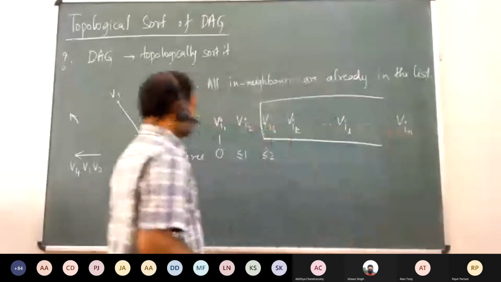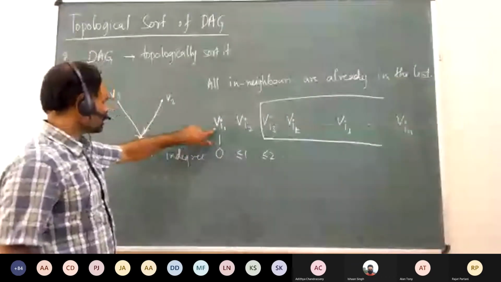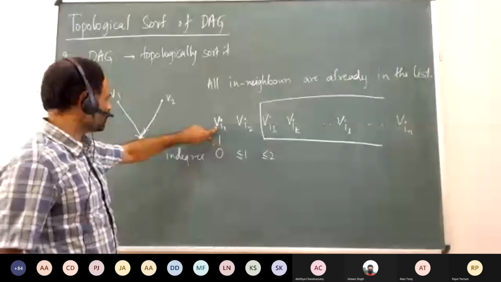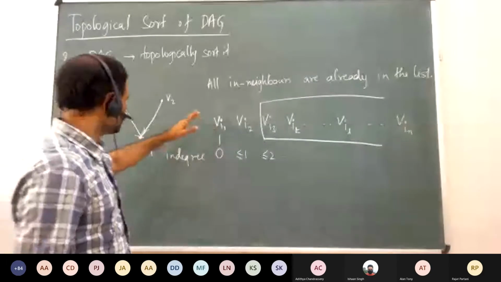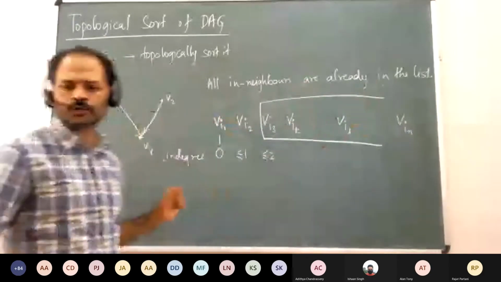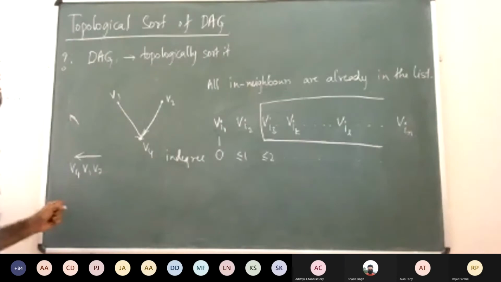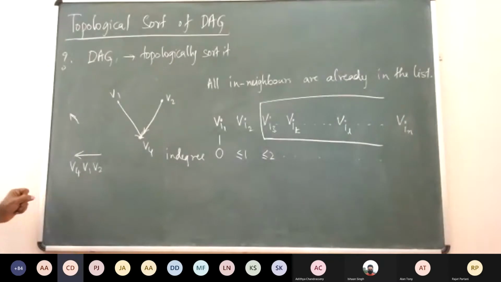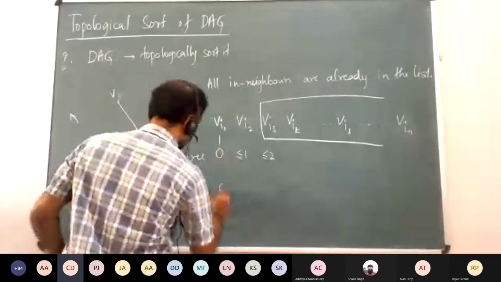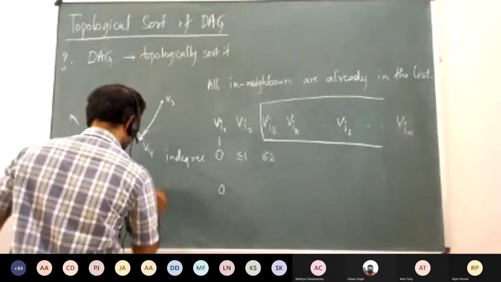What is the in degree of the first vertex in the graph induced by this vertex and all the vertices towards the right? 0, right?